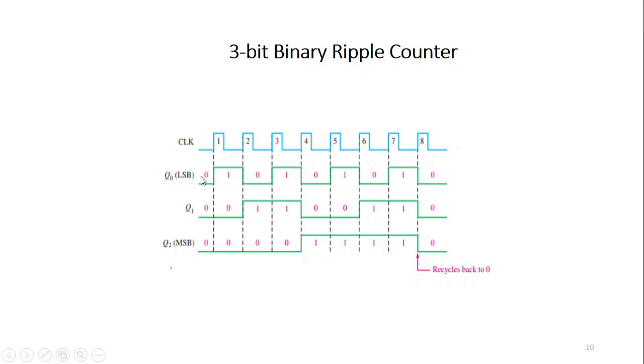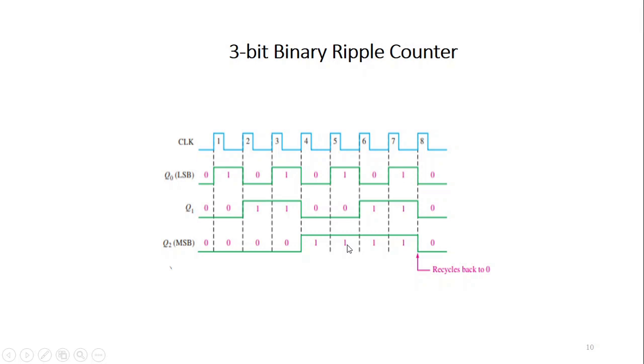See here, in the beginning Q0 is 0, Q1 is 0, Q2 is 0, and in the first clock pulse the state of the counter is 0 0 1. In the second clock pulse the state of the counter is 0 1 0, which stands for the second count, 2. For the next clock pulse, 0 1 1 denotes the count 3. In the next clock pulse, 1 0 0 counts 4.